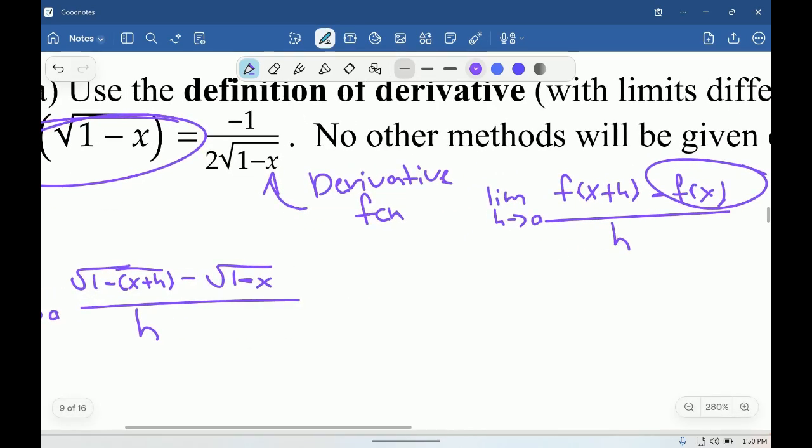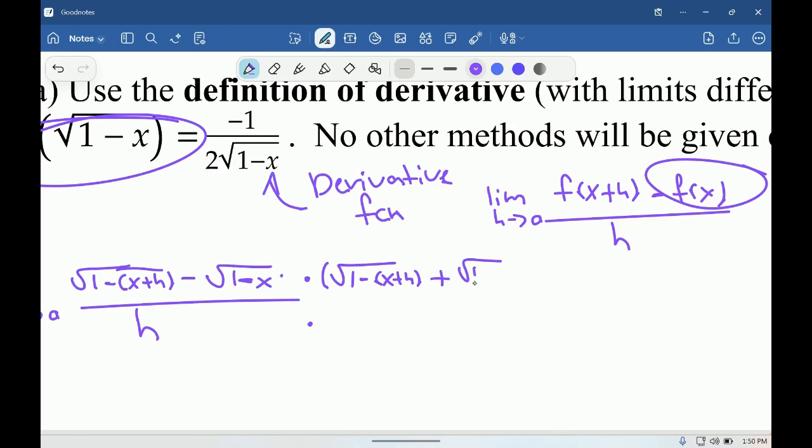To move on to the next step, we're going to want to multiply the numerator and the denominator by the conjugate. It's going to look like this. And we're going to want to do a plus sign instead of a minus sign so that it stays a minus instead of a positive.